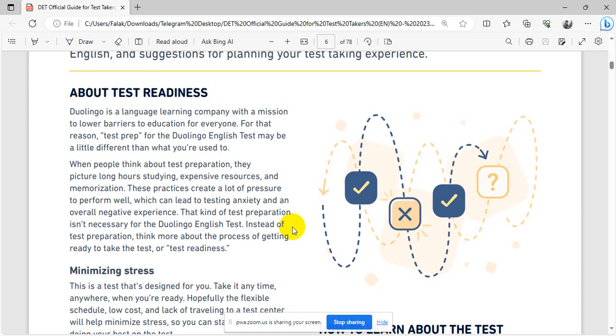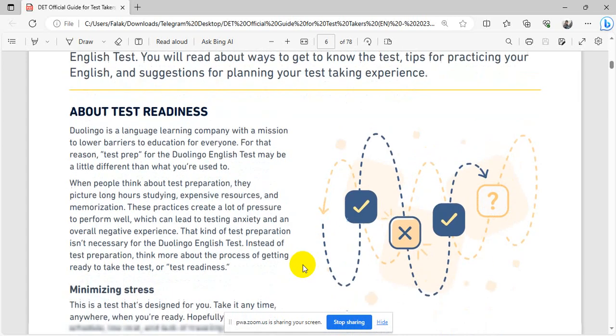These practices create a lot of pressure to perform well, which can lead to testing anxiety and an overall negative experience. That kind of test preparation isn't necessary for the Duolingo English test. Instead of test preparation, think more about the process of getting ready to take the test, or test readiness.